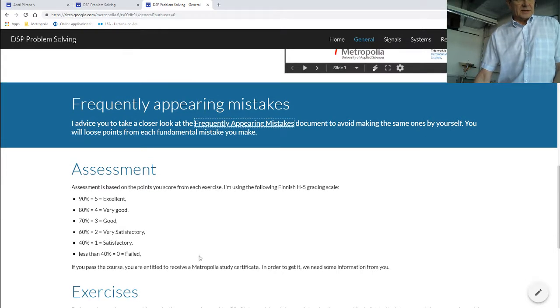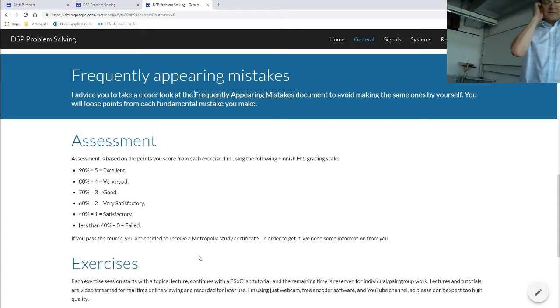Assessment. In Finland we have a 1 to 5 scale. In Germany you have a 5 to 1 scale, so it's opposite. In the Finnish system 5 is the best. In the German system that's a fail, right?